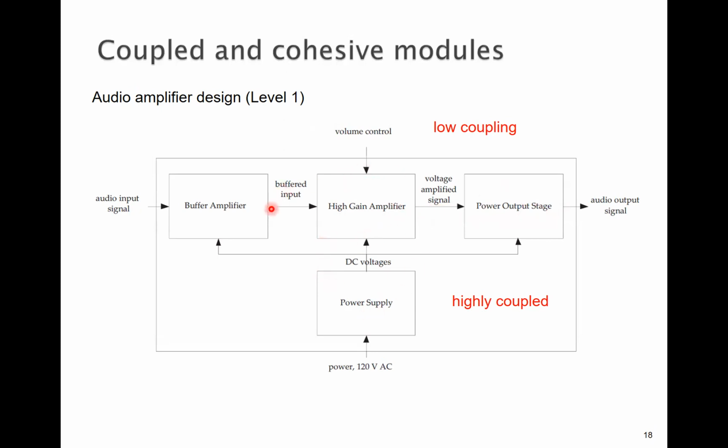All are powered by a power supply. So the inputs of this system, if we imagine the level 0 design, are three: audio input, volume control, and power. And the output is going to be the audio signal.